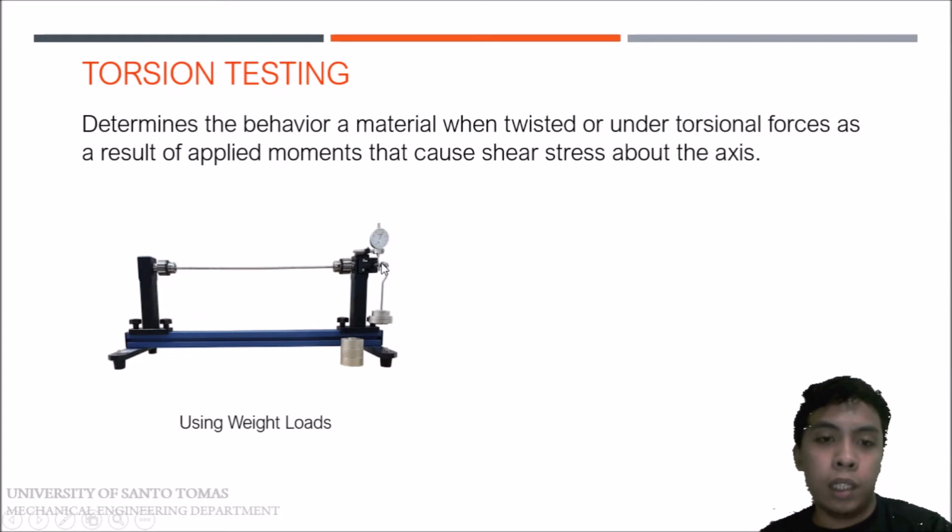So pag meron yung certain load, it will twist or iikot, magro-rotate tong chuck natin. So, di ba in torsion, important yung torque. So, mame-measure natin yung torque using the load multiplied by the radius ng patungan ng loading natin. With the deformation naman, the angle of deformation is measured by the dial test indicator pa rin.